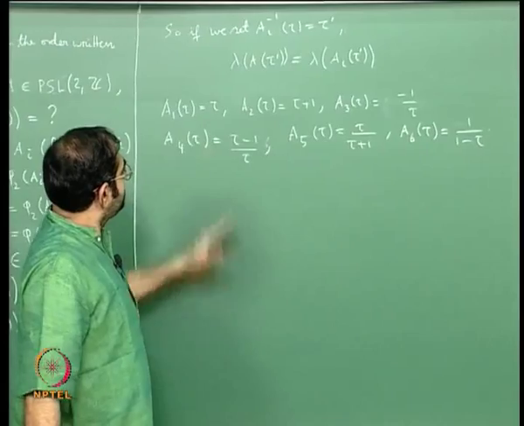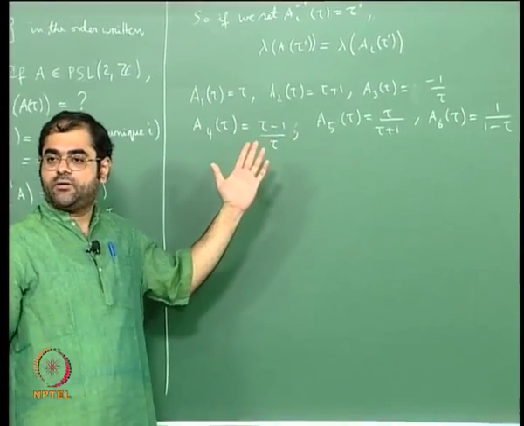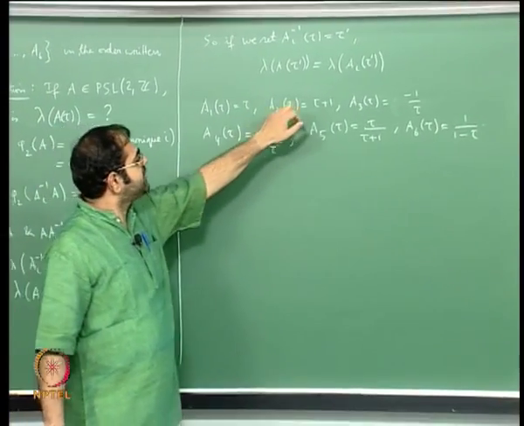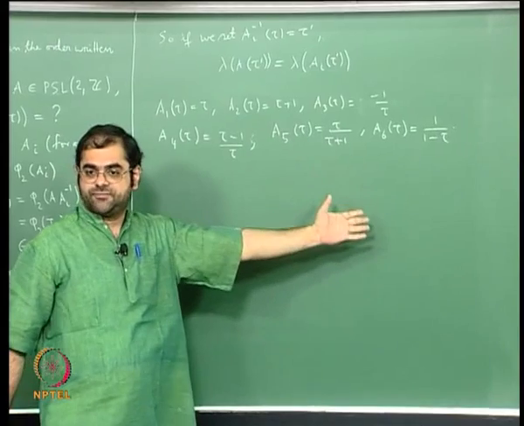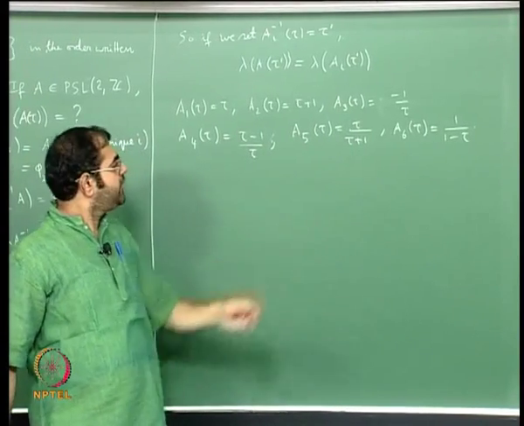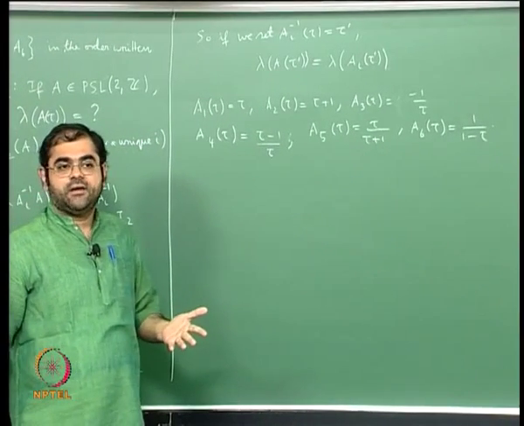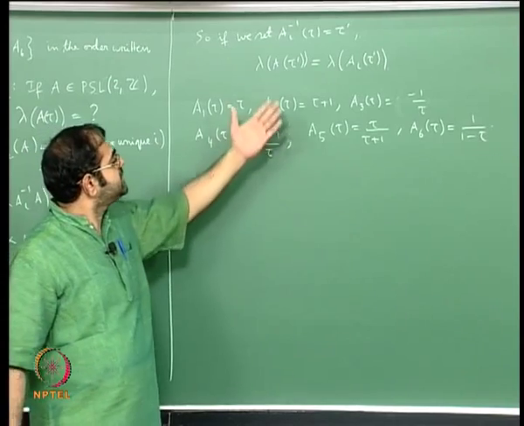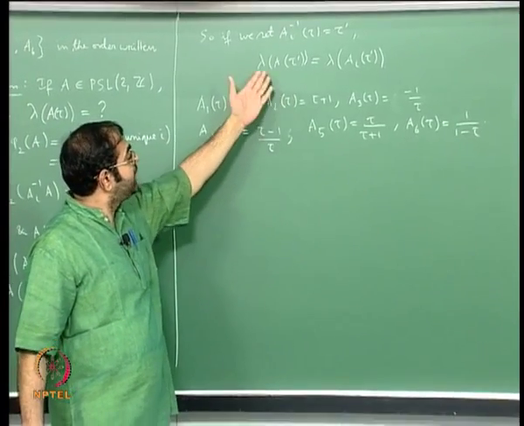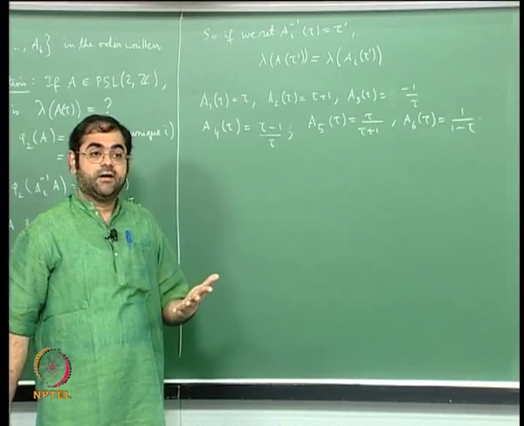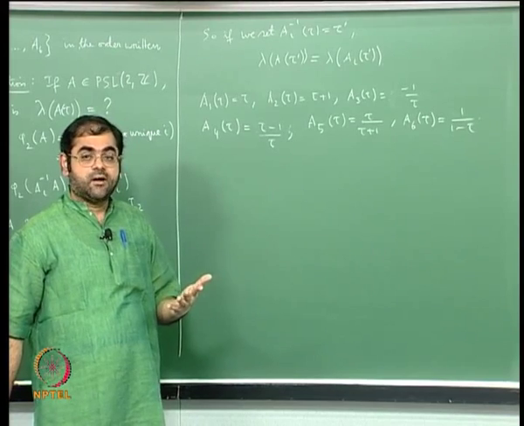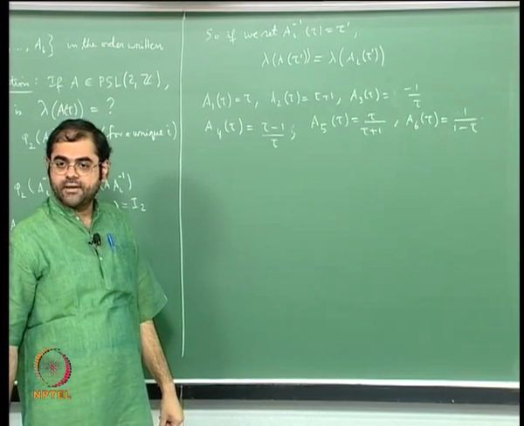And so you are just required to find out the effect of lambda on these, and then you will be able to say what the effect of any general unimodular transformation on lambda is.